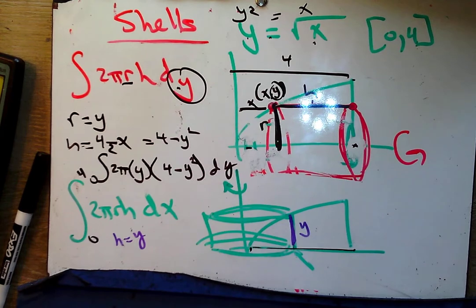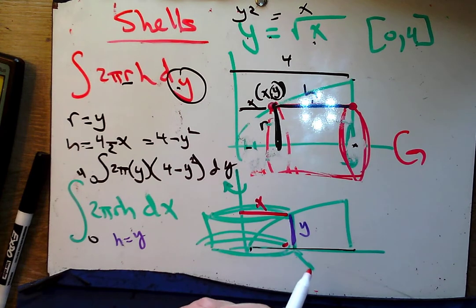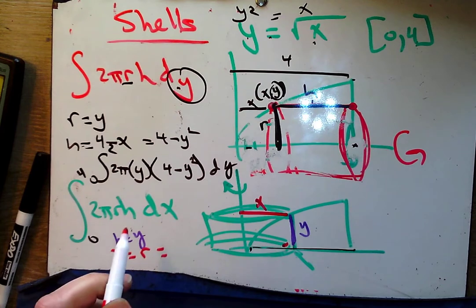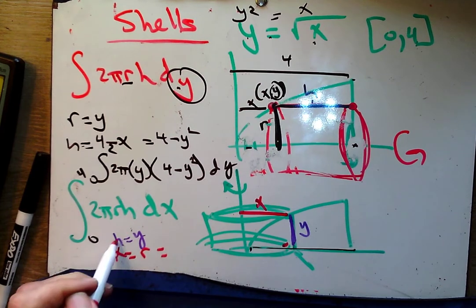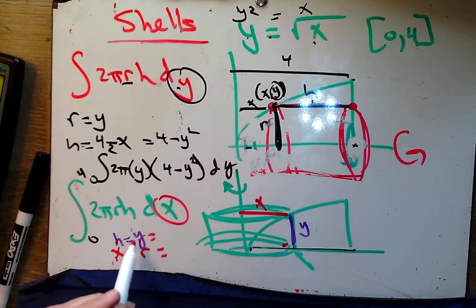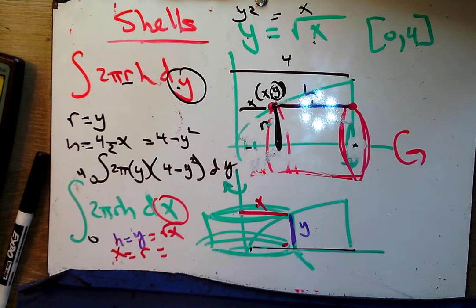And my radius is my x value. Well, that's convenient. X equals radius, but that's good. This is the one I have to get rid of because this is a dx integral. I don't want h being equal to y. I want h being square root of x.